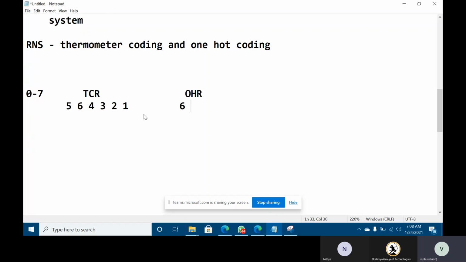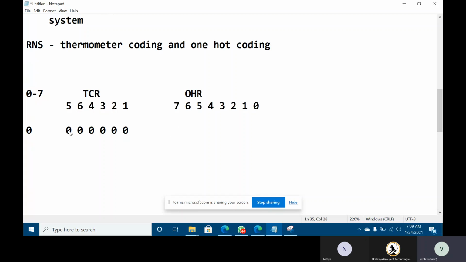It is 6, 5, 4, 3, 2, 1, 0, and also take 7 here. Now suppose my number is 0. So 0 in TCR means there are no ones. So we have to represent 0 in TCR as 0, 0, 0, 0, 0, 0.